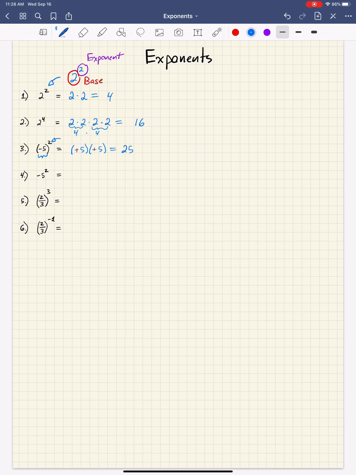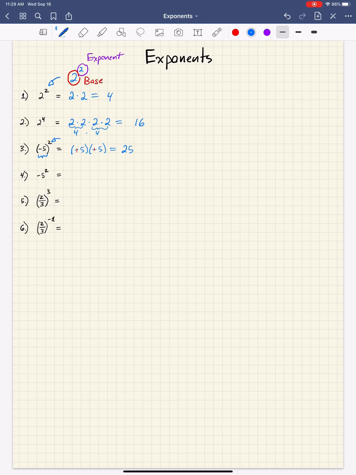Problem number 4 is a little bit different. So here, I know it's weird when you're looking at this. You think, I don't understand exactly what that means when you have negative 5 to the power of 2. What that's saying is you are going to raise 5 to the power of 2, and after you do that, you're going to multiply it by negative 1.